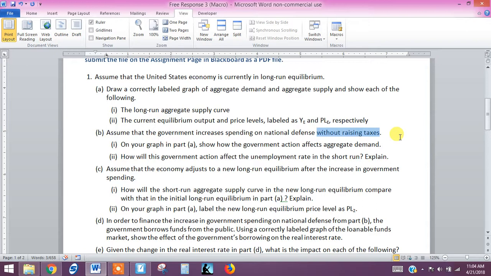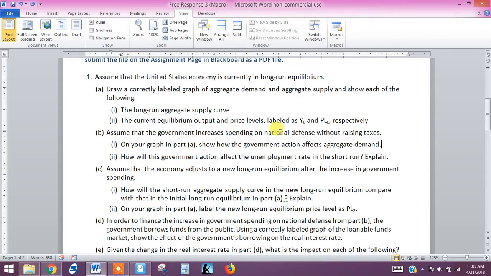So we don't have to worry about that actually shifting the aggregate demand curve to the left, which it could or would. But what we do know is that the government is going to spend more on national defense, which is going to mean that they're going to be offering various contracts to national defense firms.